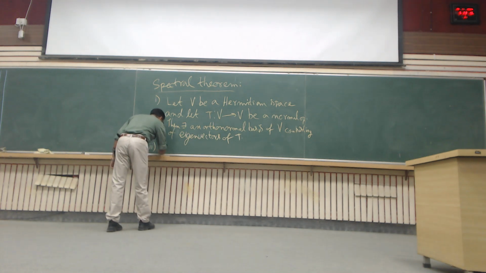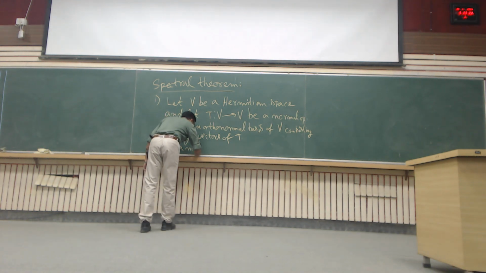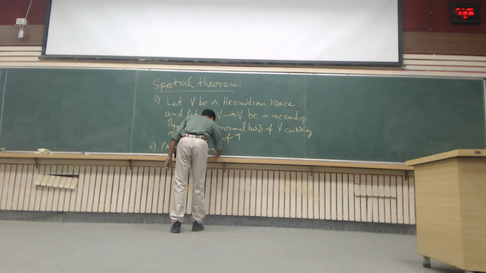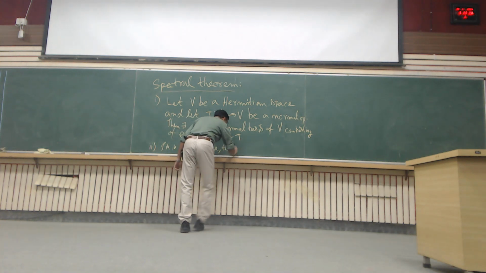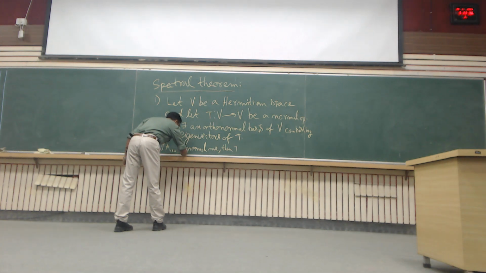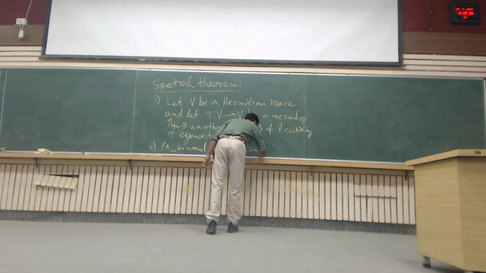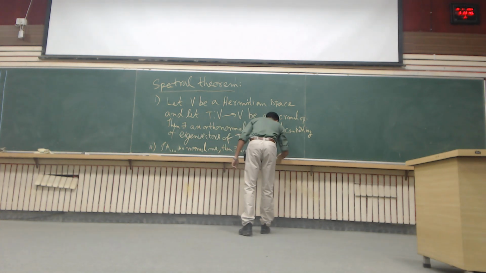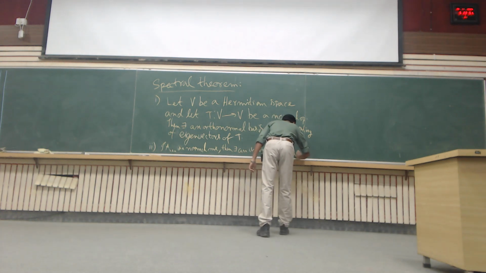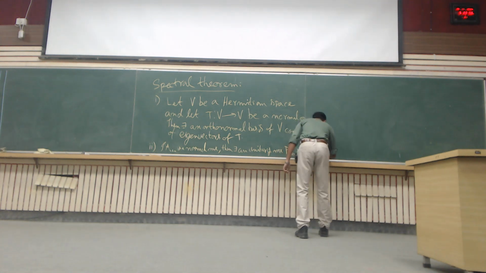Equivalently, if A is a normal matrix, say A n cross n is a normal matrix, then there exists a unitary matrix P, n cross n, such that P A P star is diagonal.